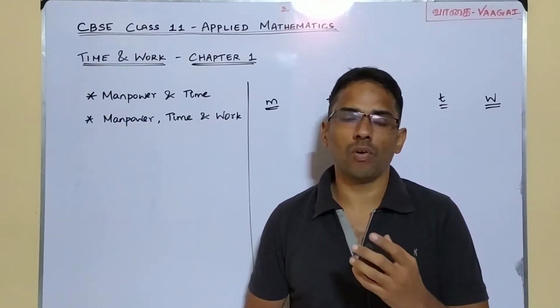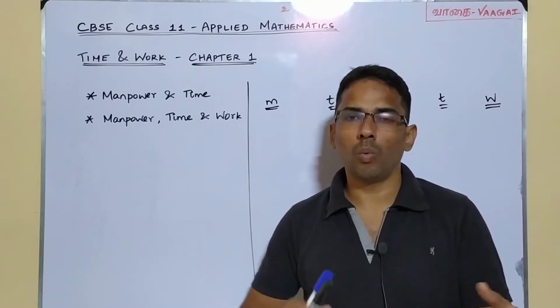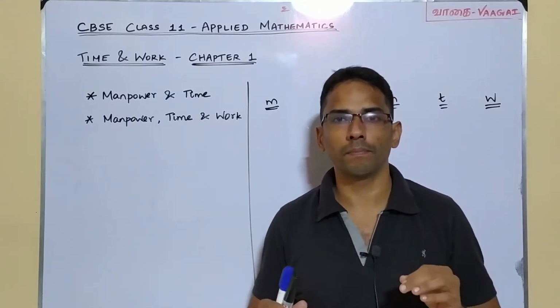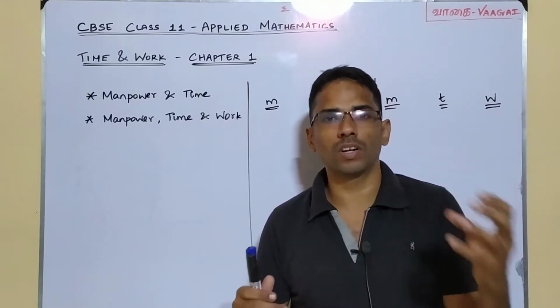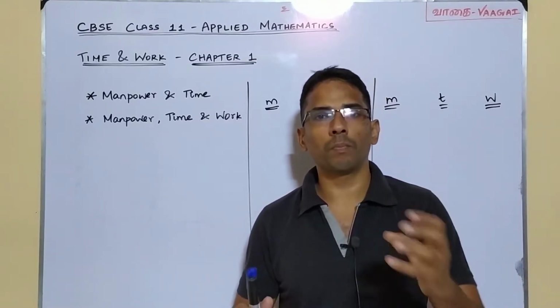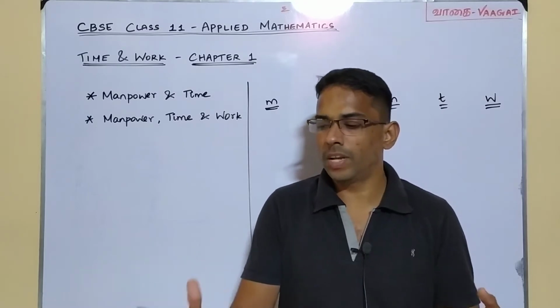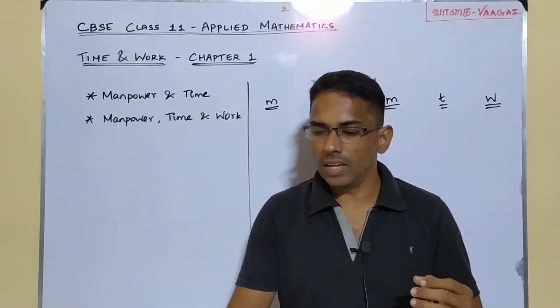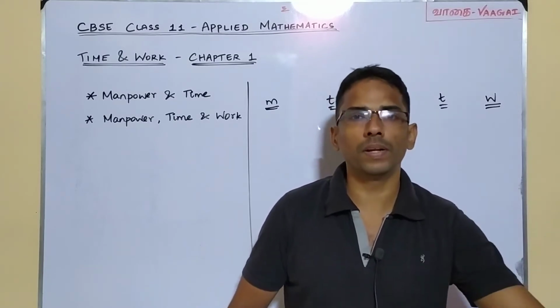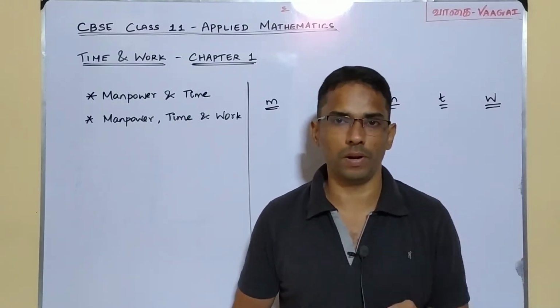Before that, first of all, in this time and work chapter, what kind of problems will we be getting? Have you seen such problems before? In this chapter, you will see problems based on a team of people working on some assignment and taking this much time to complete it.